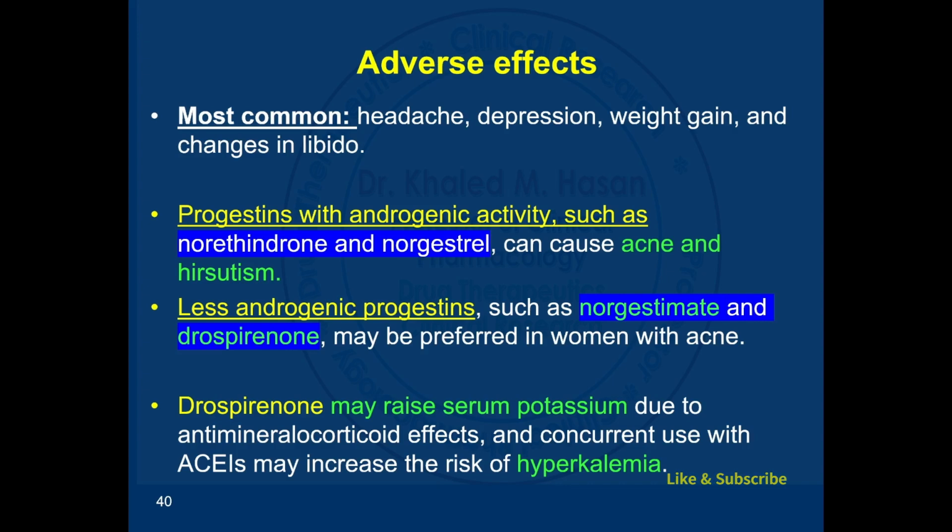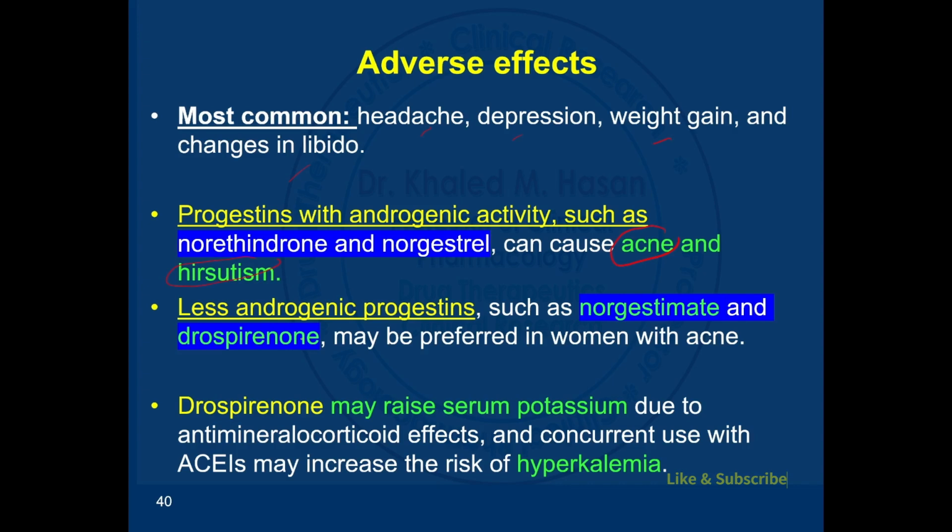Regarding side effects, if you treat the patient with progesterone, the patient may suffer from headache, depression, increased weight, and changed libido, normally decreased libido. Progestin has androgenic activity. We have two types. Progestins with androgenic activity, such as norethindrone and norgestrel, may cause acne and hirsutism.